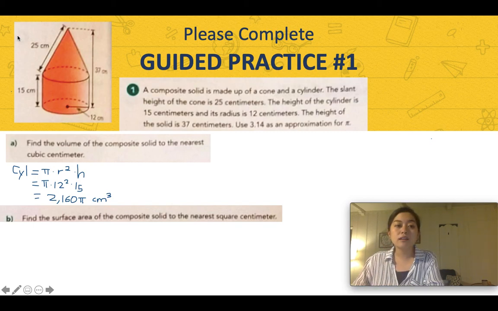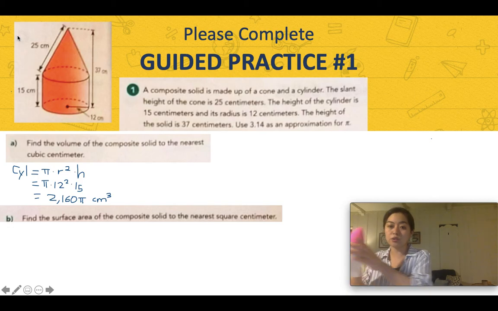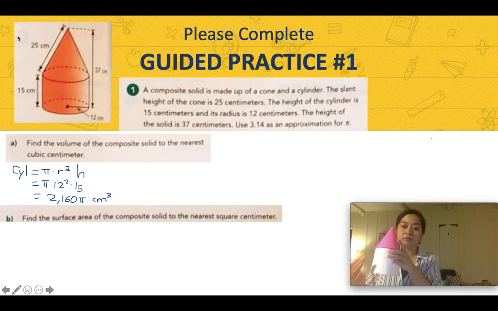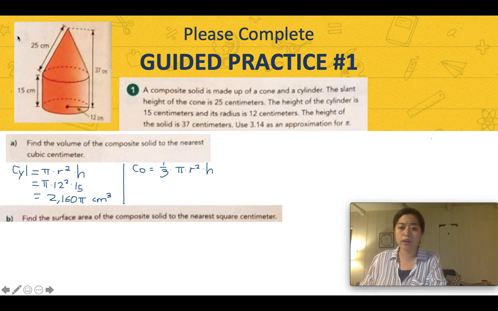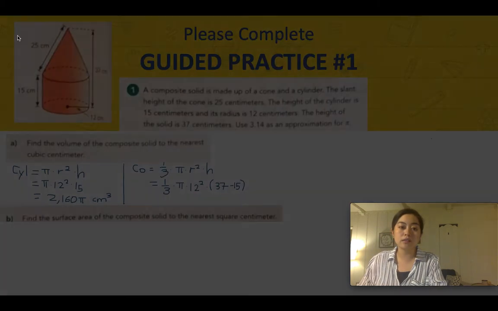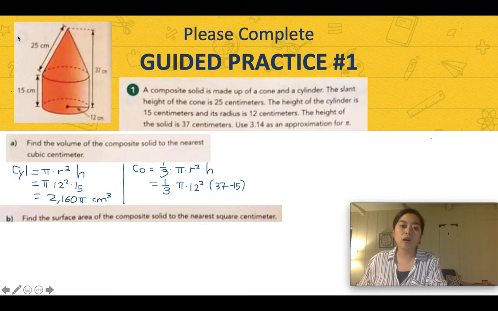All right, so then I found the volume of my cylinder. So now I wanna find the volume of my cone. To find the volume of the cone, I have to do 1/3 times pi times r squared times h, and then I input 12 for r. But for the height of the cone, the diagram doesn't tell us the height.